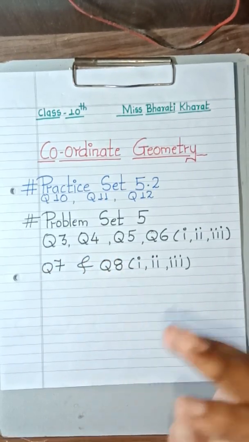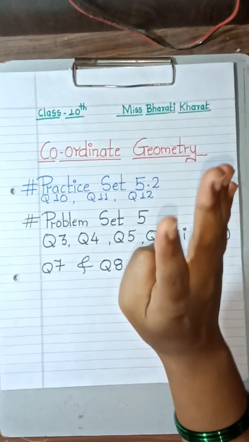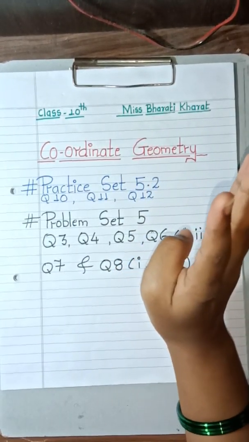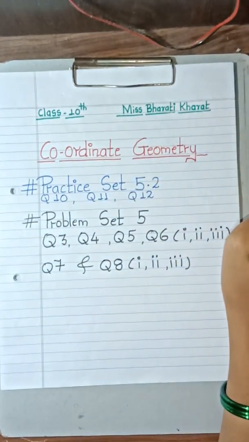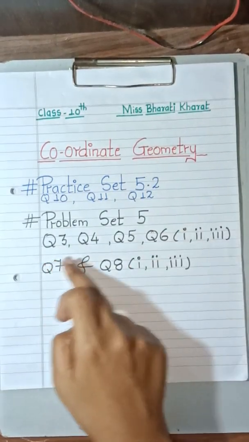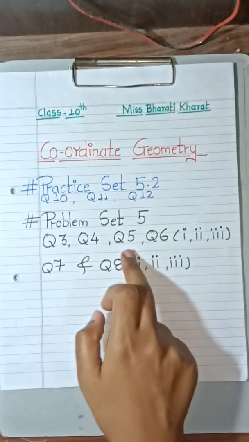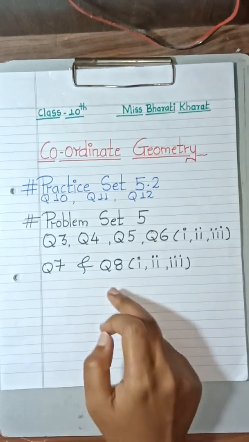Question number 6 has 3 sub questions in it, and then we have question number 7 and 8.